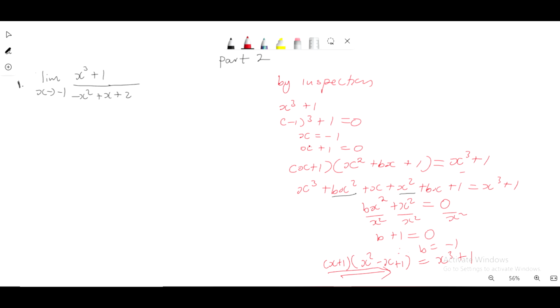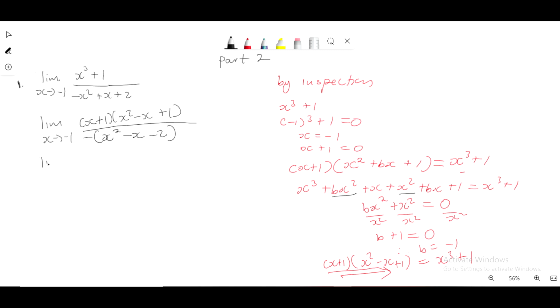So now that we have done this, we can just come here and write this x plus 1 into x squared minus x plus 1, all over. Okay, here what can we do? We take out the negative, we have positive x squared minus x minus 2.